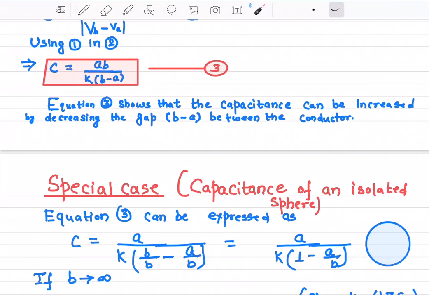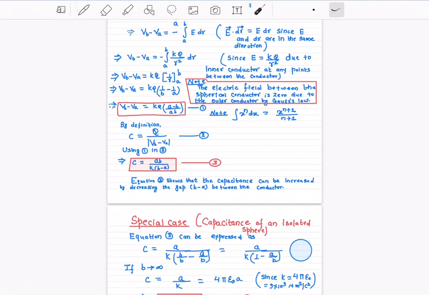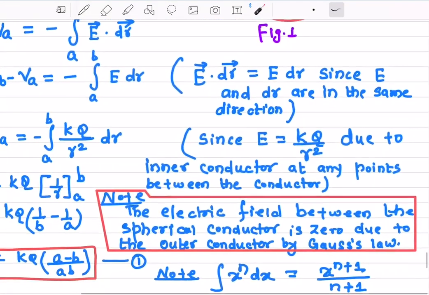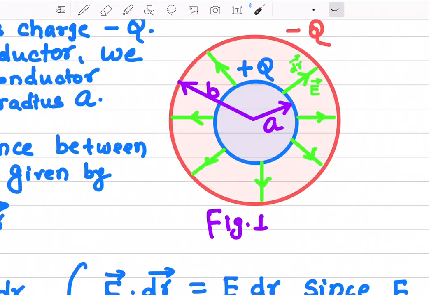Now let's take a look at a special case. In this case, if the outer conductor is very far from the inner conductor, or in other words, if you have only one conductor, then what is the capacitance?